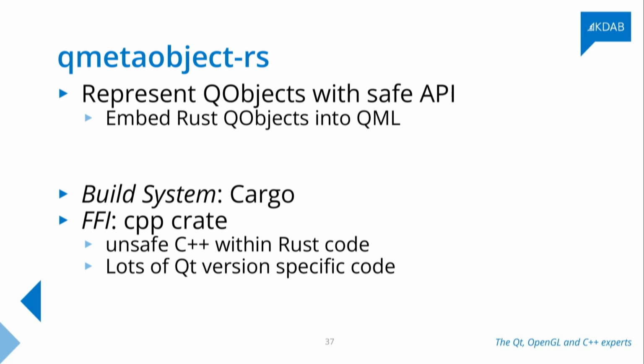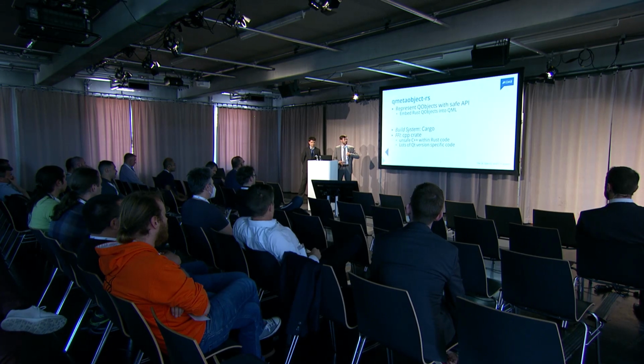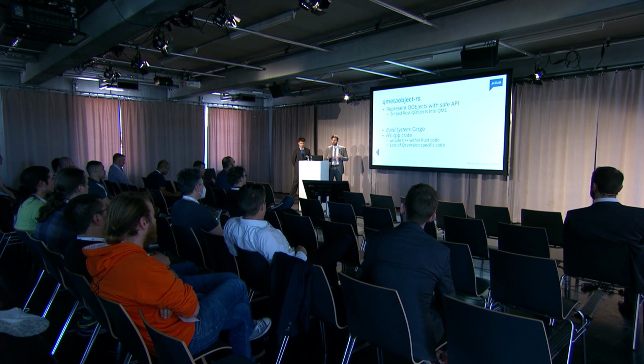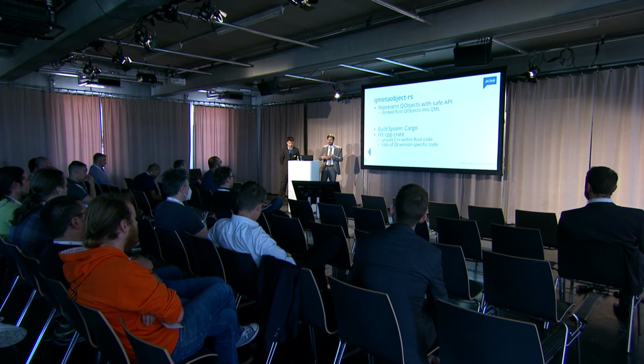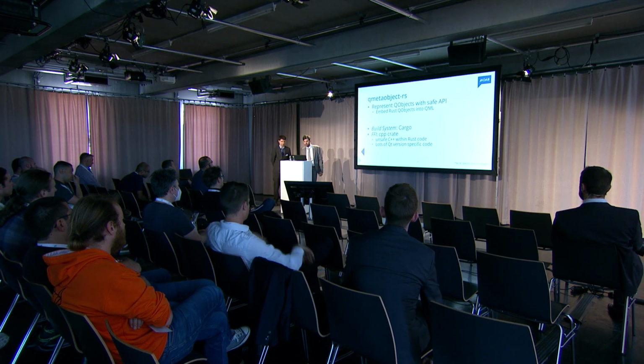It also uses Rust's build system directly, so if you want a fully Rust stack, that might be your best option. However, for the FFI, it does use the CPP crate, which basically means you can write C++ right within Rust code, and that's, of course, again, very unsafe. And because it's using the internal QMetaObject API, it also contains a lot of Qt version-specific code, because that API does change quite a bit with Qt versions.